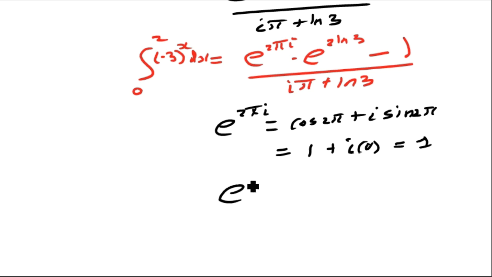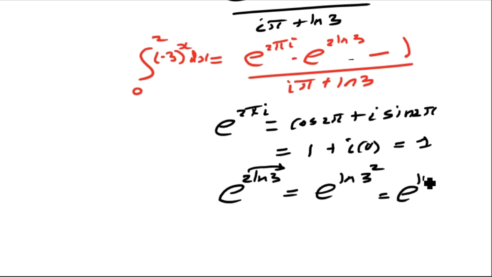Then again, exponential 2 ln of 3. This part, exponential 2 ln of 3, is the same as exponential ln of 3 squared. This coefficient becomes the power. So exponential ln of 3 squared is exponential ln of 9, and exponential ln of 9 is just 9.